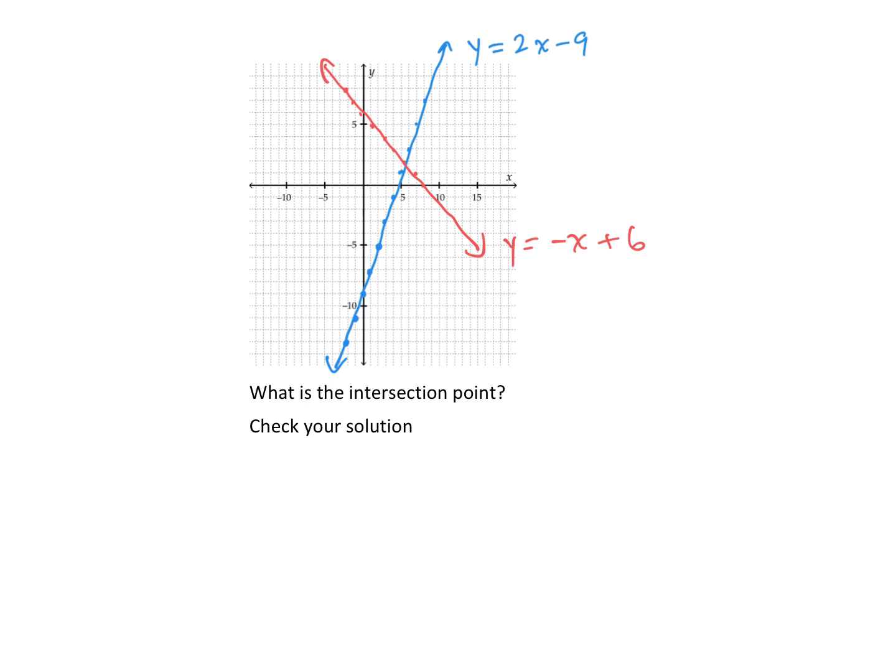Let's follow this rate of change here. It looks like it's at 5, 1. So when x is 5, y is 1.